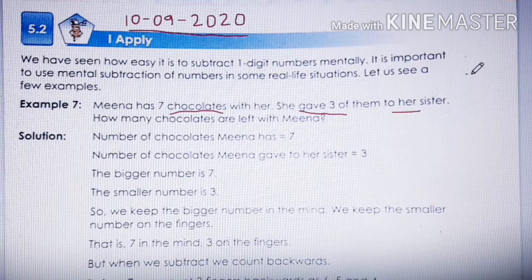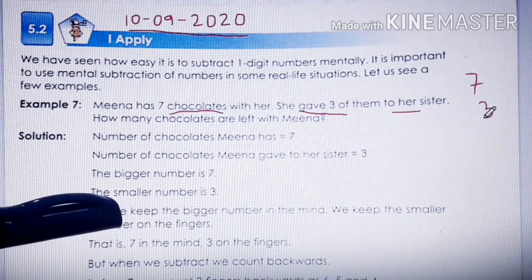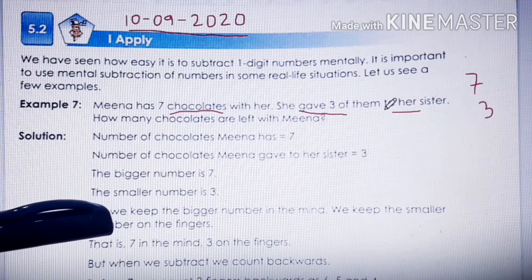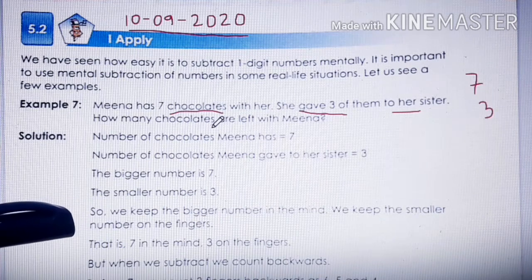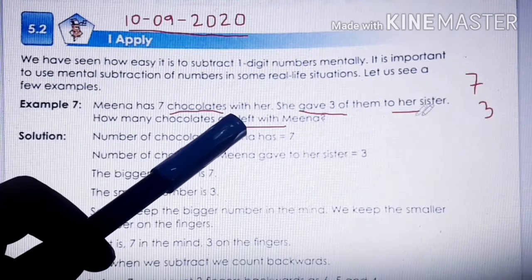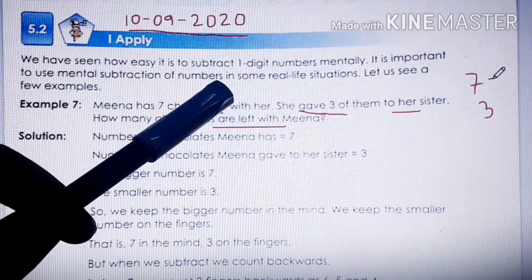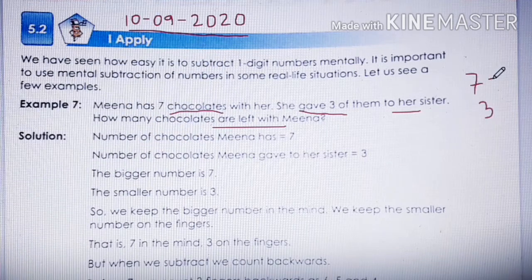Out of the group of 7, she gave 3 to her sister. Okay, how many chocolates are left with Meena? Now children, when the word left is used after giving 3 to her sister, what are we going to do? Subtraction. We are going to do subtraction.